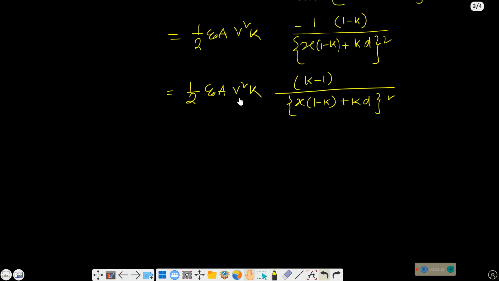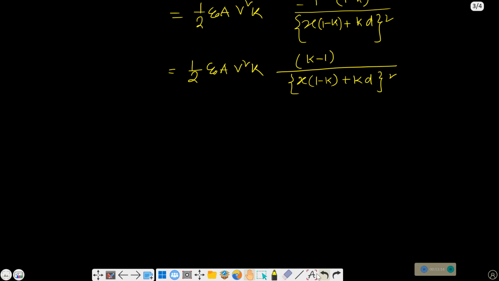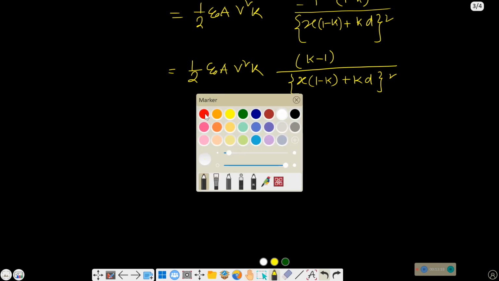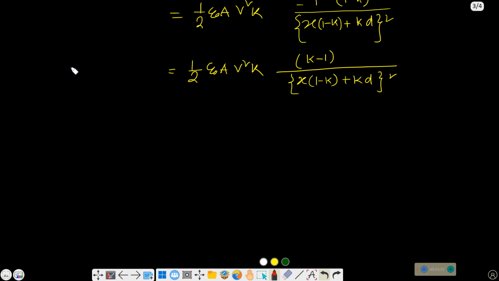Now what will be the pressure value? This is actually our force, F is equal to minus dU by dx. Now what is pressure?